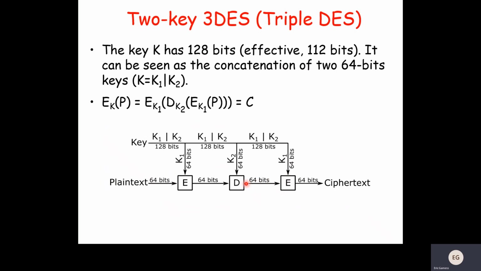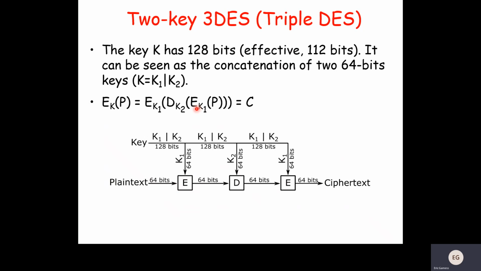Then this result, to cancel the decryption here, I will have to encrypt it with K2. Then the result, to cancel the operation of the encryption here, I will have to decrypt it with K1. So when I'm going to decrypt the ciphertext, I will do first decryption, then encryption, then decryption.